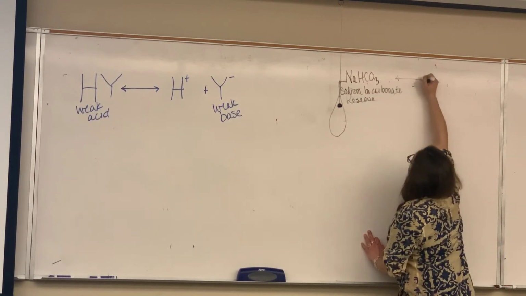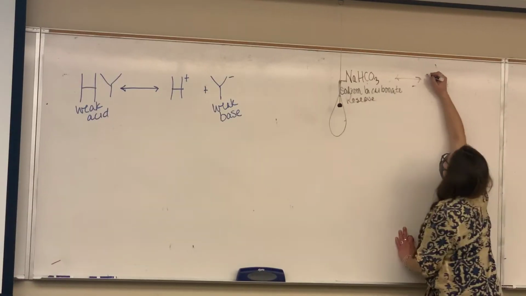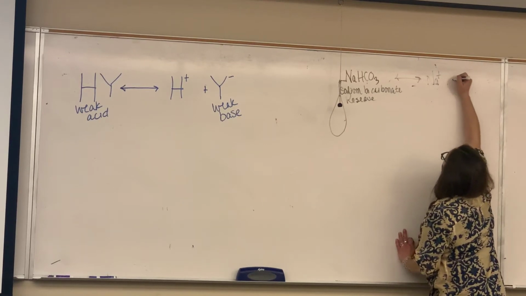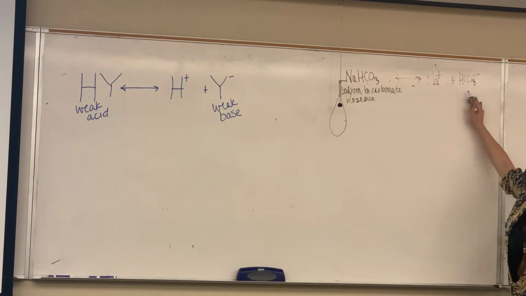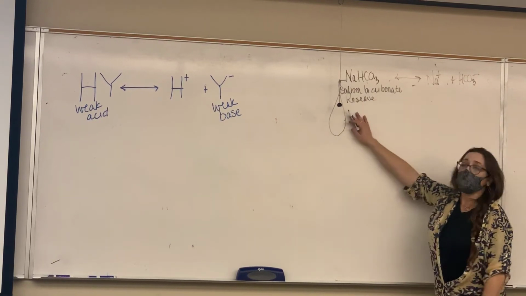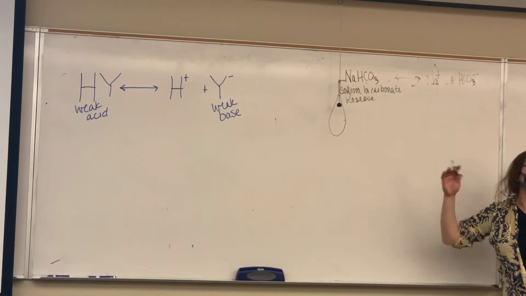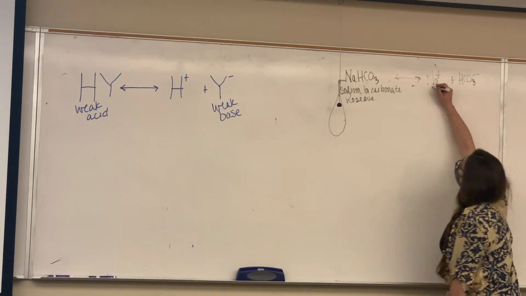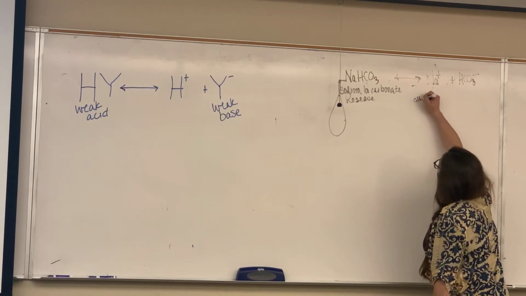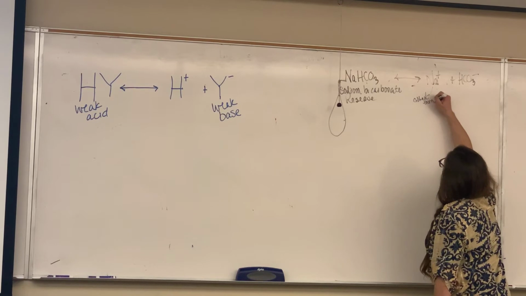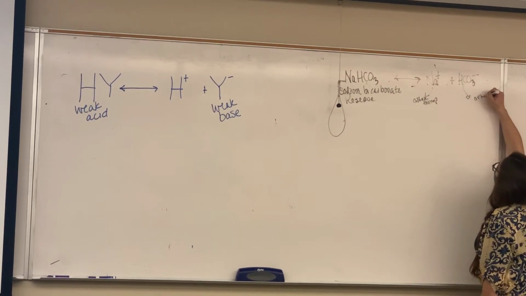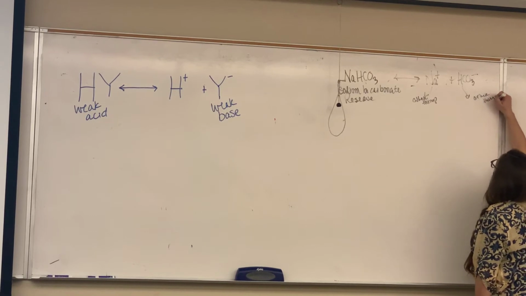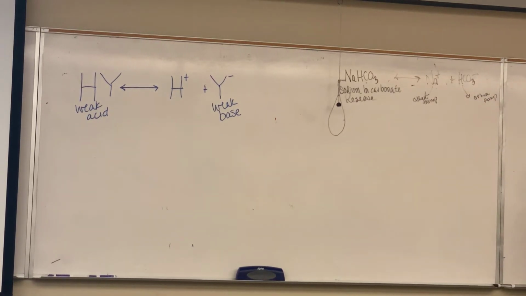So this can break down into sodium and bicarb. And then sodium and bicarb could come back together to form sodium bicarb or not. Sodium can go on to do other things. Bicarb can go on to do other things.